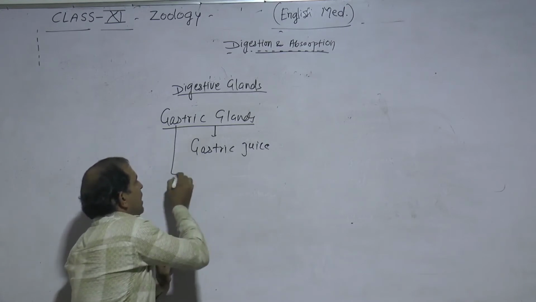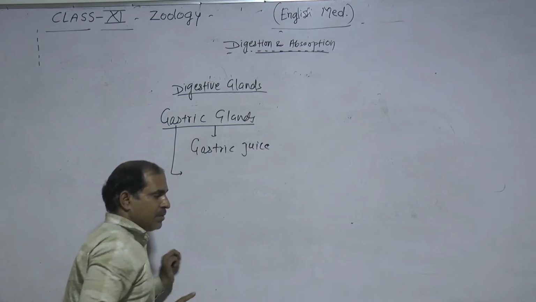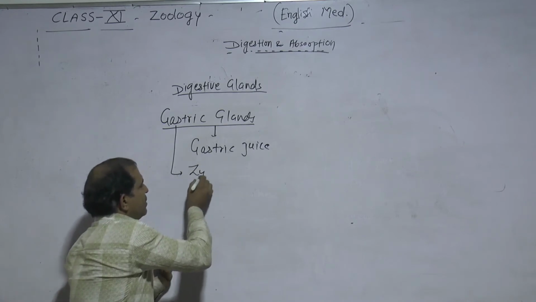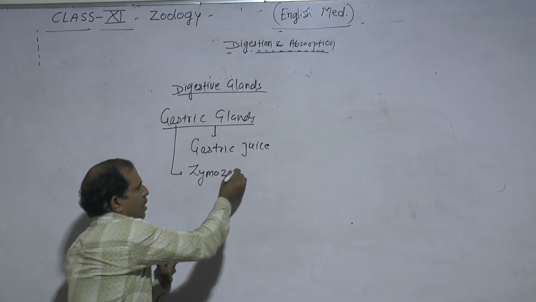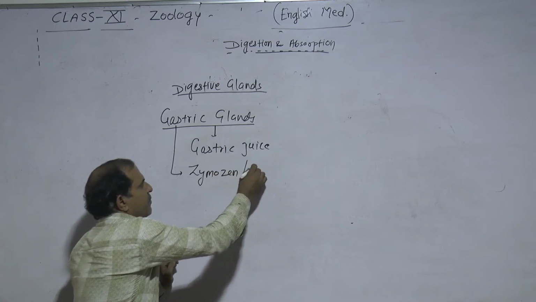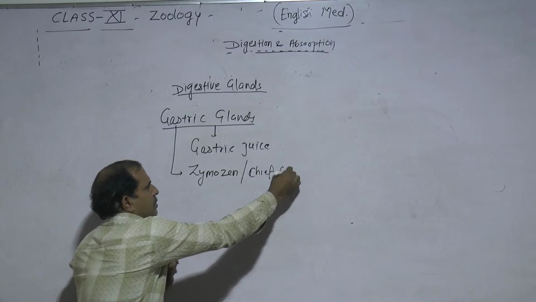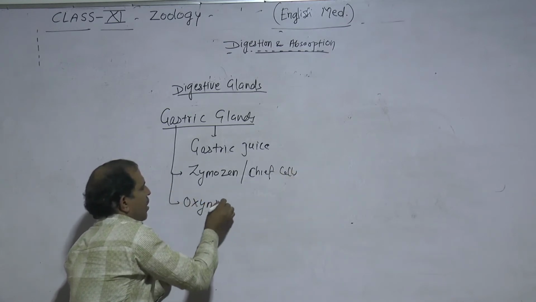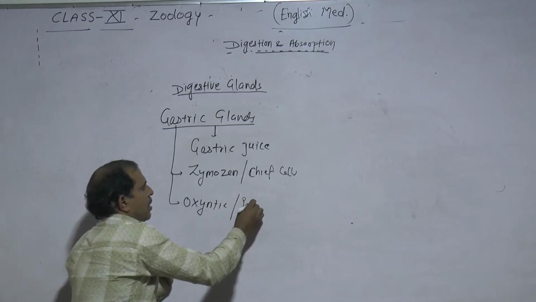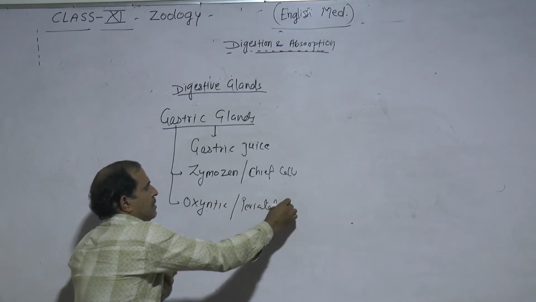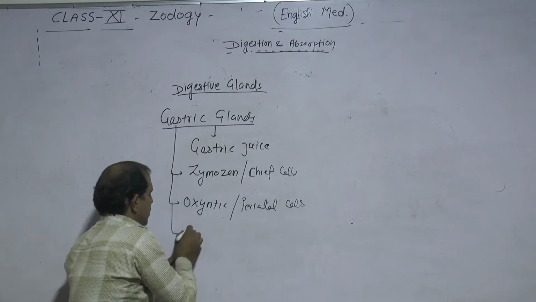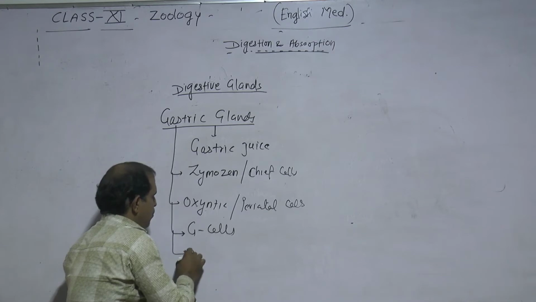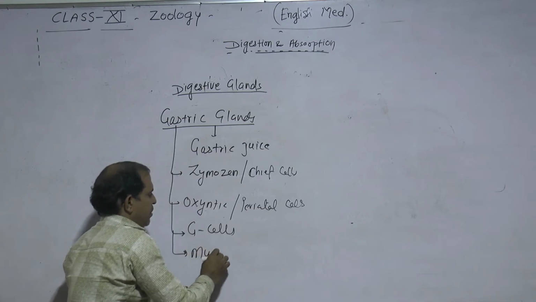The gastric glands are made up of the following types of cells: zymogen cells or chief cells, oxyntic or parietal cells, G cells, and mucus cells or goblet cells.